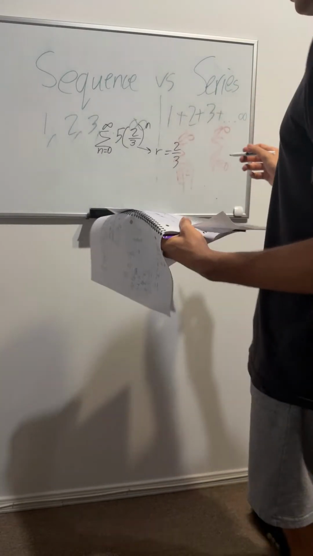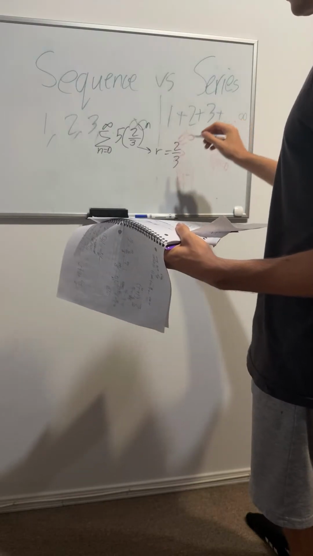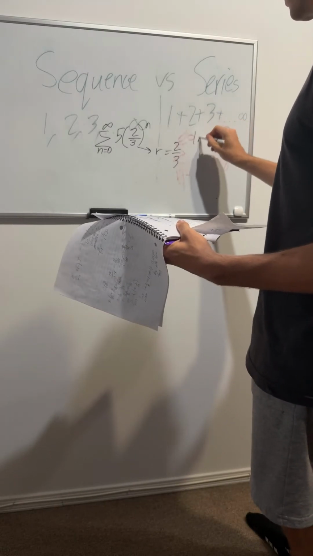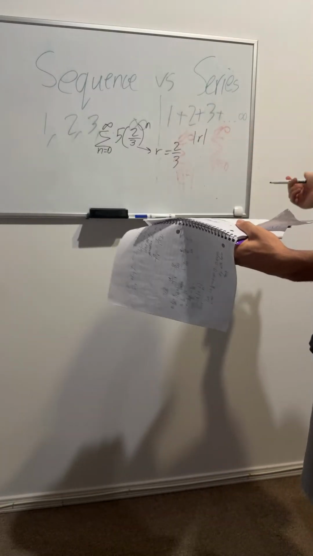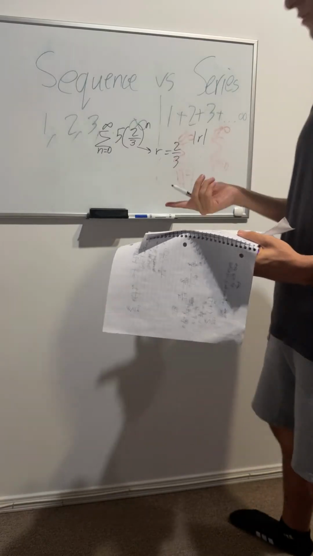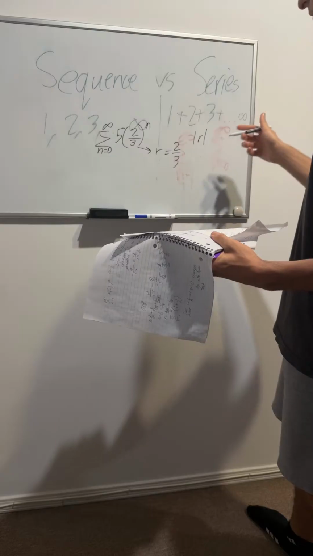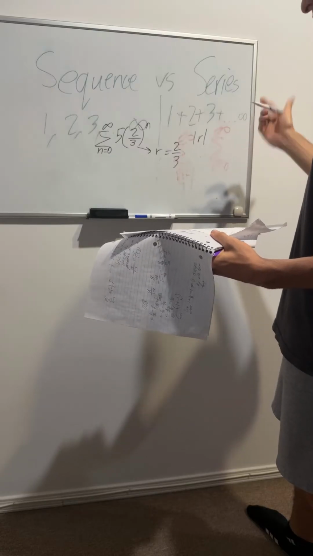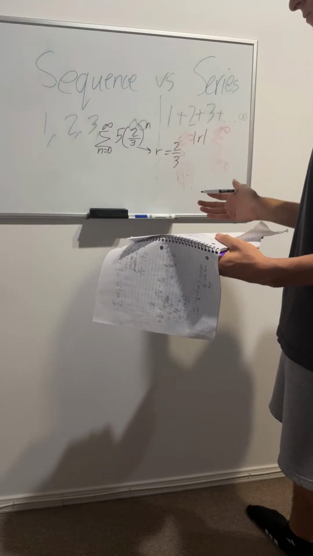So, with convergence or divergence, first we've got to take the absolute value of r. We already know that 2 over 3 is positive, so even if we take the absolute value, it's going to stay positive. So the absolute value of our r is 2 over 3. And is 2 over 3 bigger or less than 1?